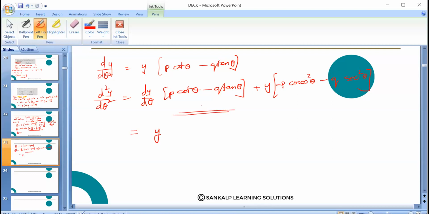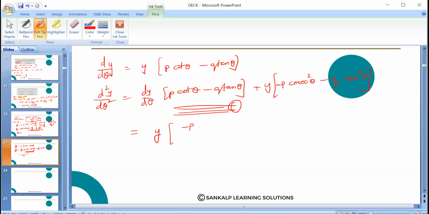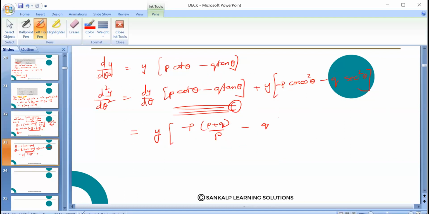So y into this we have proved it is 0. y into minus p cosecant square theta, (p plus q) by p, minus q secant square theta, (p plus q) by q.